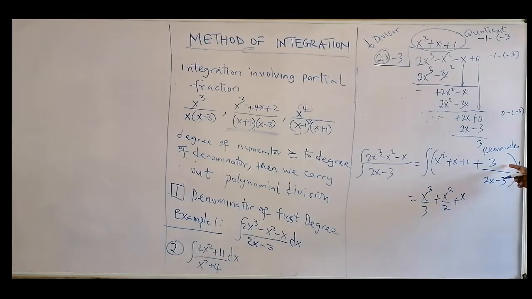Then this one will be equal to, we can do separately, take the 3 outside, and that will be 1 over 2x minus 3. Okay? And then what I will do here, I'm going to do little manipulations. The derivative of this one is 2. Okay? And we have 1 here. So I'm going to force this one to be 2, and then over 2.